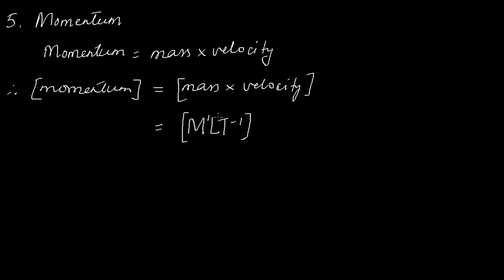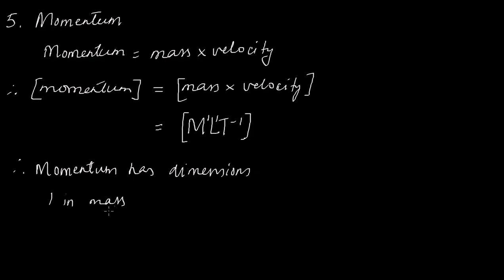M here is 1, L here is 1. So therefore, momentum has dimensions 1 in mass, 1 in length, minus 1 in time. Okay, have you got the idea how to do it?